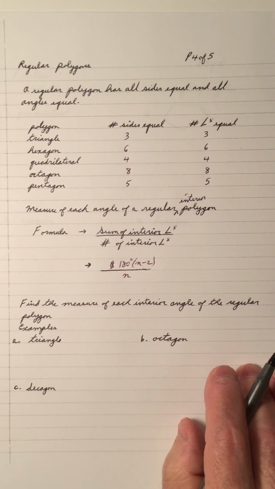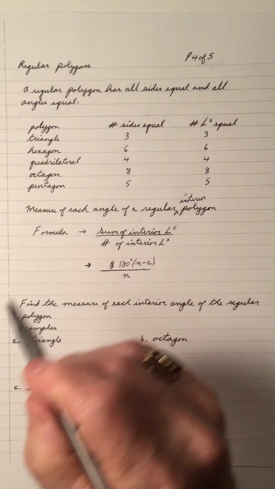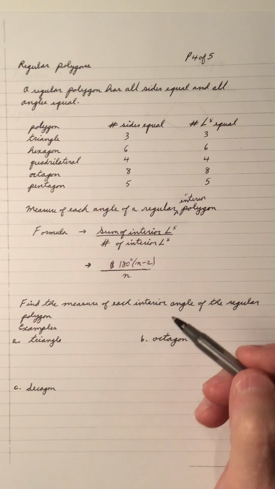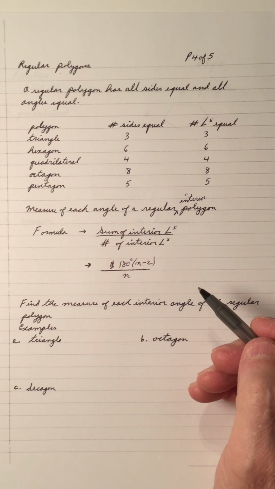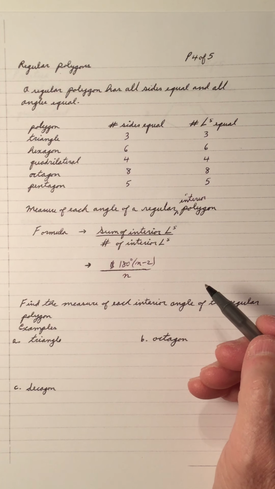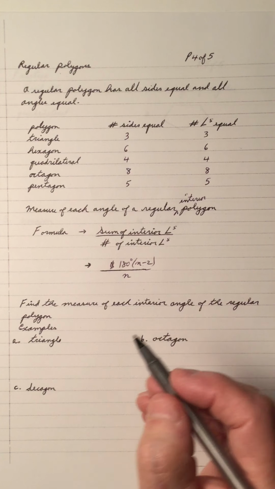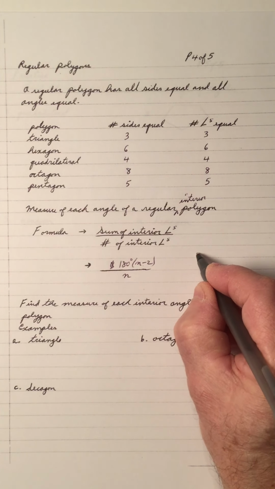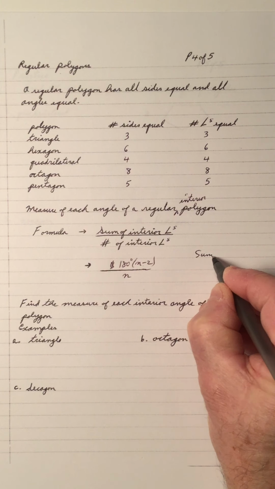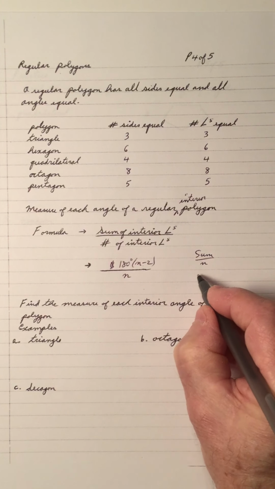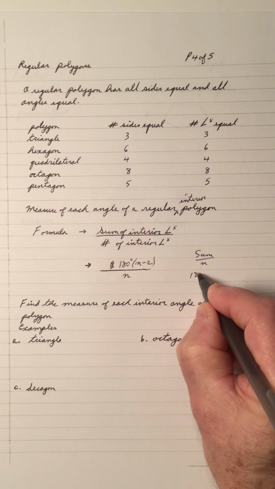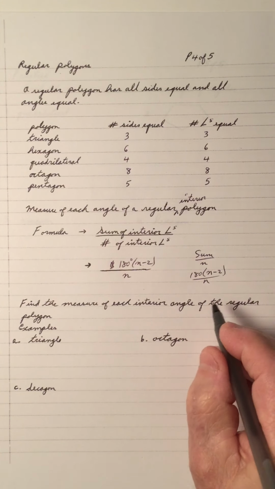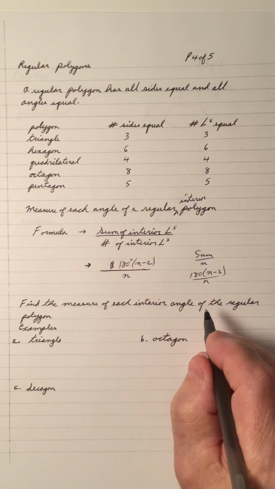It makes sense. If you have the sum of all the angles and you divide it by the number of angles that you have, then you'll have the size of each. Let's write the formula down once more. Just remember this: the sum divided by the number. So what's the sum? 180 times n minus 2, divided by n.